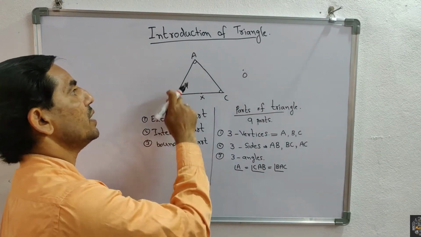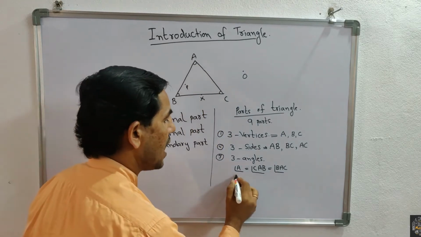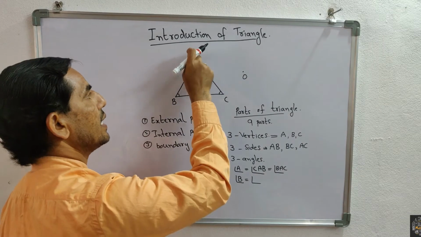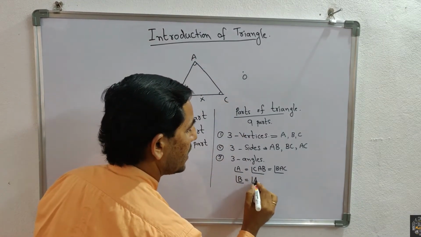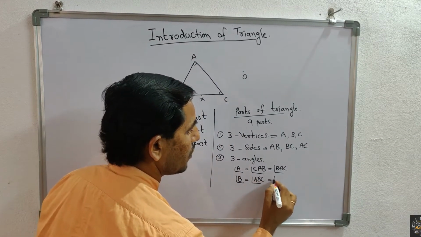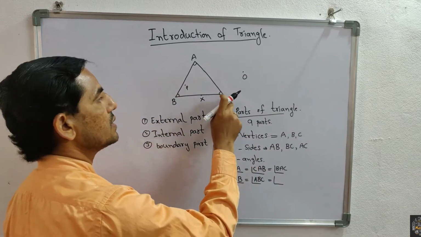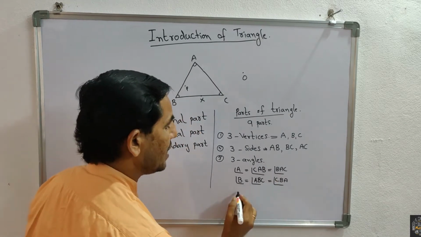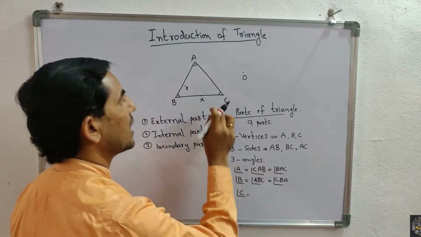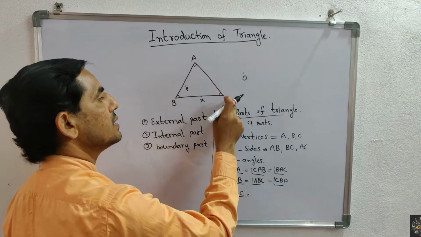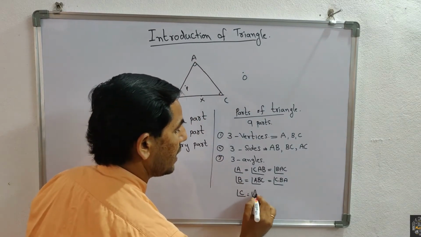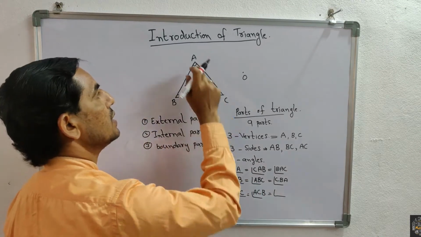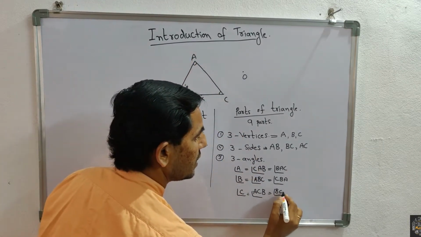Similarly, angle B is equal to angle ABC, which is equal to angle CBA. And angle C is equal to angle ACB, which can also be written as angle BCA.